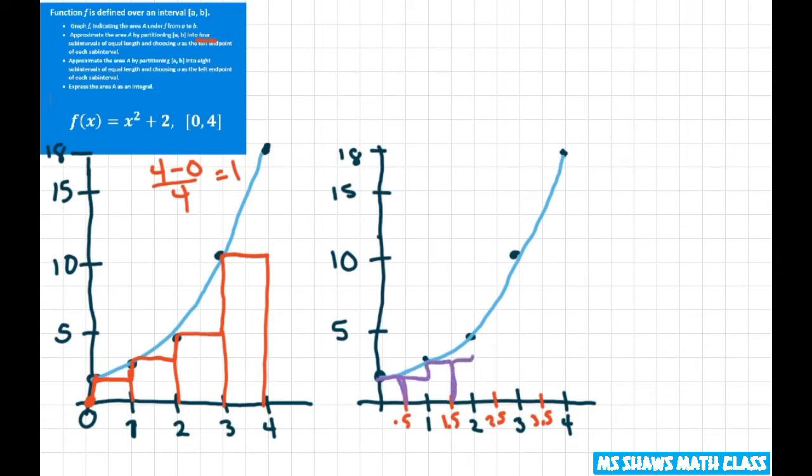So you just have a lot of these. Just keep going. 3, 2.5 goes up to here somewhere. And 3.5 goes up to here somewhere. And then 4, 3 goes up to here to 4.